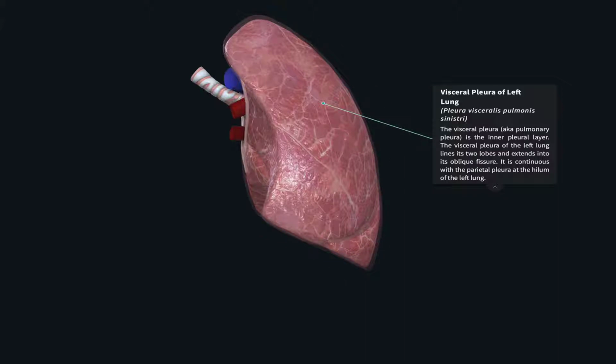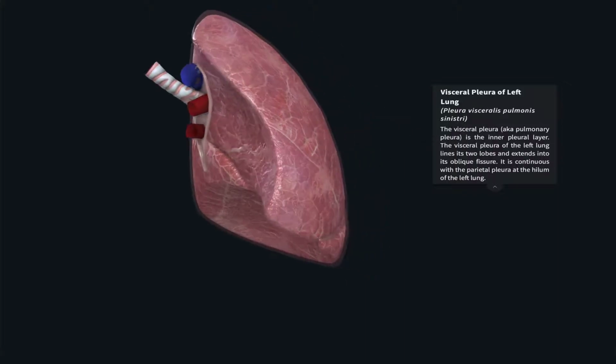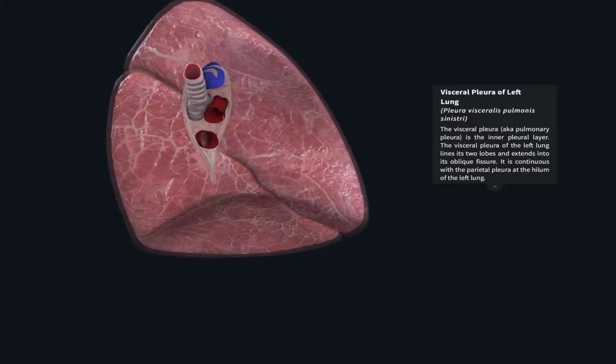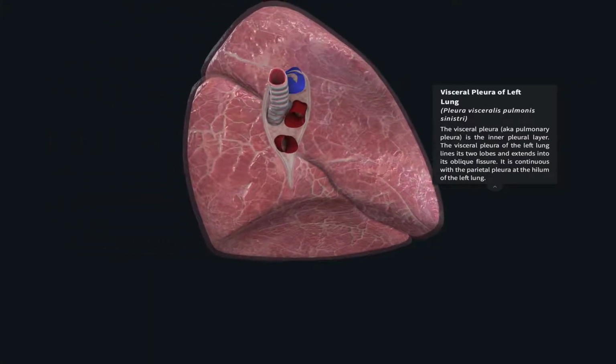So now let's turn back and focus on the medial surface of the left lung and come back to our term RALS, so right anterior, left superior. Since this is the left lung, we're going to focus on the left superior part, but no matter which lung we're talking about, the anatomical directional term, so anterior and superior, is always in reference to the bronchial tree, or the main bronchus.